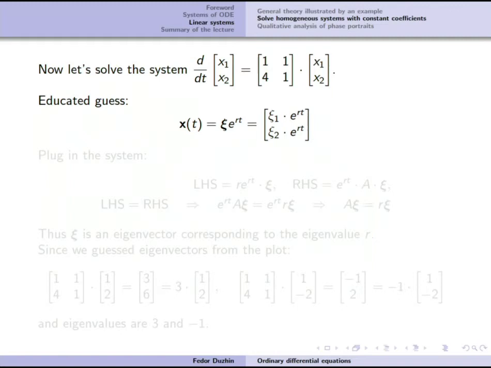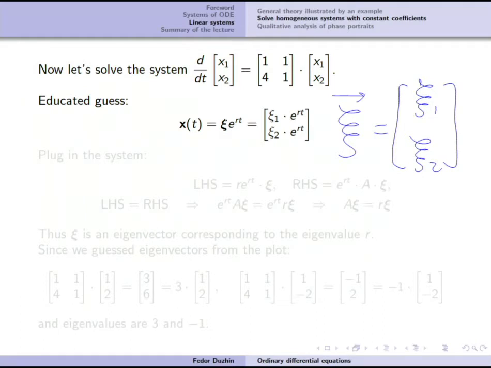Here, this xi is the Greek letter xi. Notice that on the print it is a bold xi, but when I handwrite it, I think it's easier to denote the fact that it is a vector by the arrow. So this xi is actually the vector with two components, xi1 and xi2.